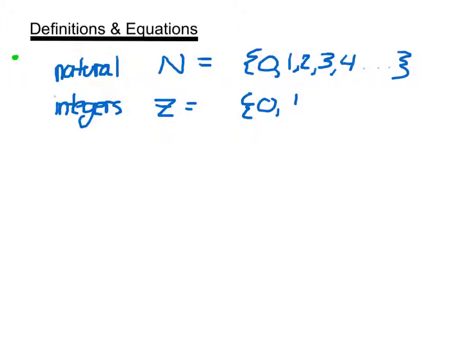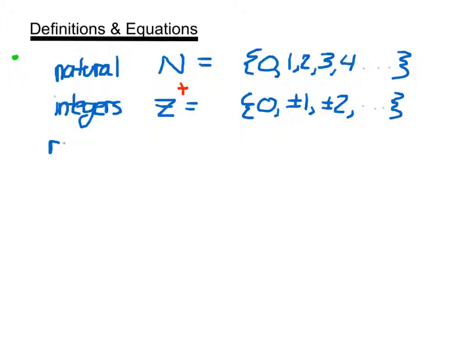So 0, plus or minus 1, plus or minus 2, and so on. Now if we want to designate just the positive integers, we can add a plus sign here, and obviously the set would only include the positives of the integers.